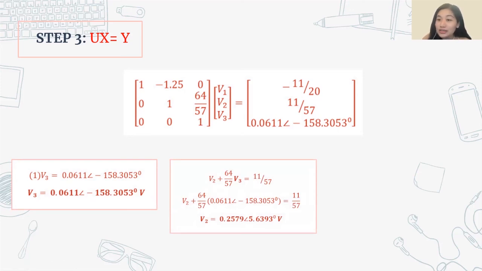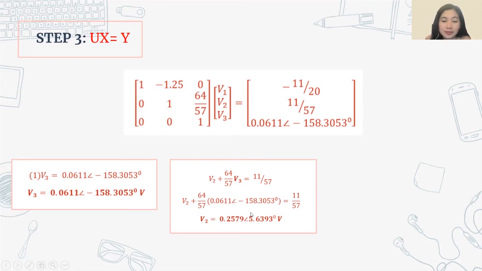Next one is that we're going to solve for the second voltage. And so far, our V3 is equivalent to the V3 that is solved in our Doolittle. So, kung na-jot down ninyo yung ating V3 sa Doolittle, makikita ninyo is they are the same. I hope all the way until V1 is that same sila. Solving for V2, our V2 plus 64 all over 57 times V3, since 0 times V1 is 0, so dumiretso na tayong 1 times V2 plus 64 over 57 times V3, and since ang nag-reflect sa kabila is 11 over 57, doon siya naka-equate.